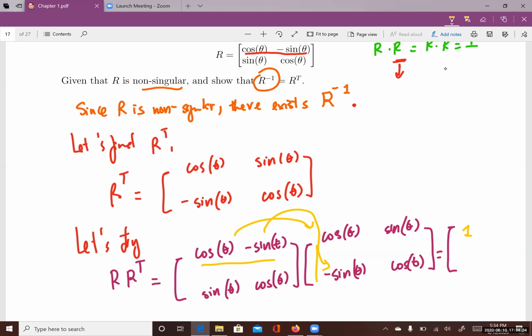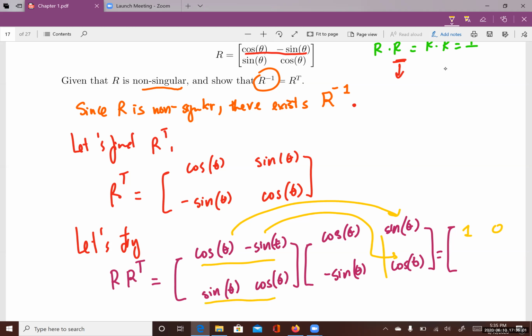Next, first row, second column. You take cosine times sine minus sine times cosine, so it cancels out.